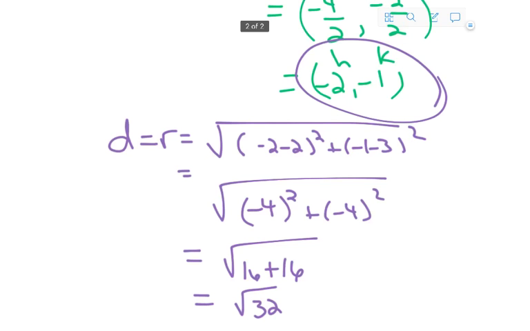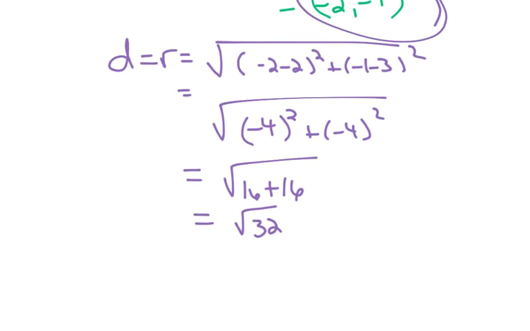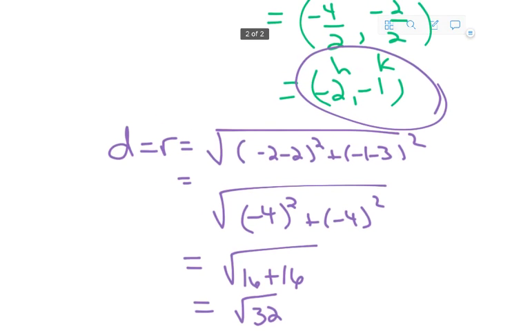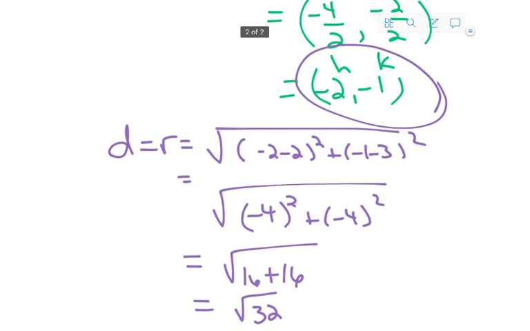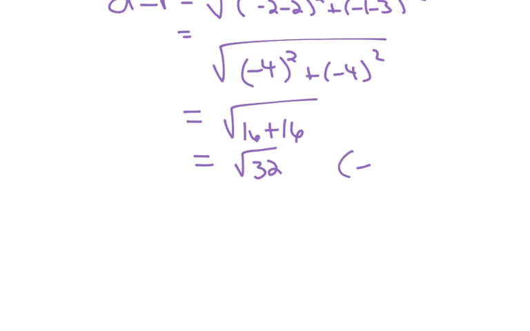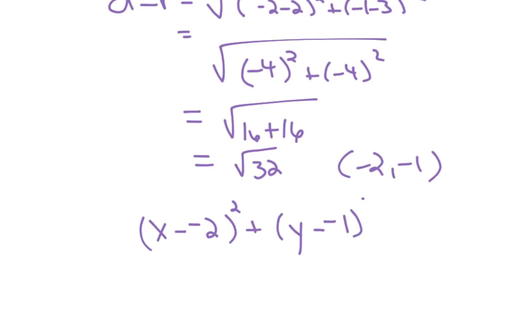And it doesn't even matter what the square root of 32 is, because now when I go plug this into the equation of the circle, where the center is at negative 2, negative 1, the circle is x minus h squared plus y minus k squared is equal to the radius squared.